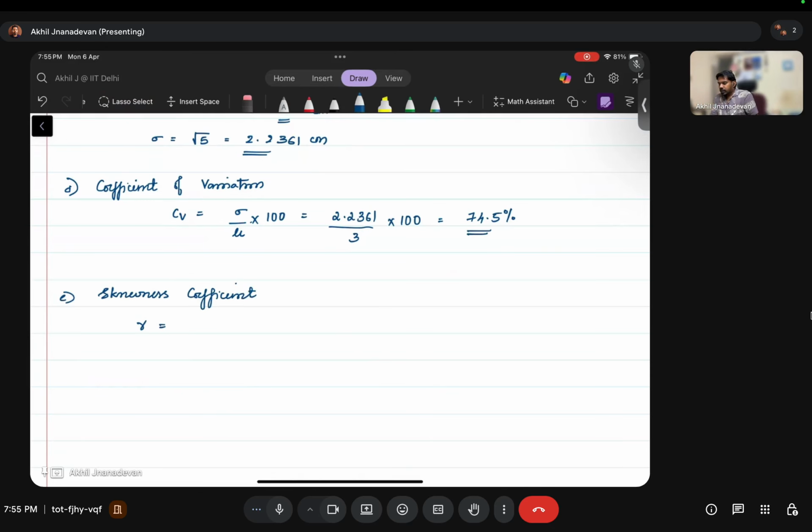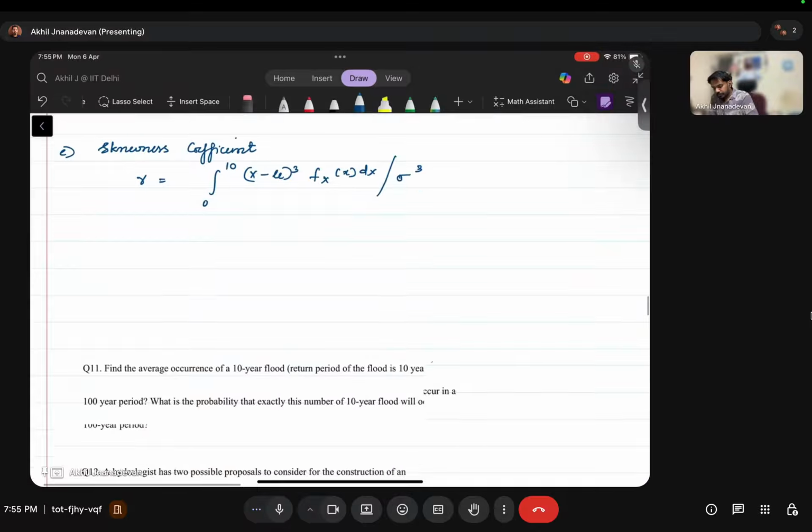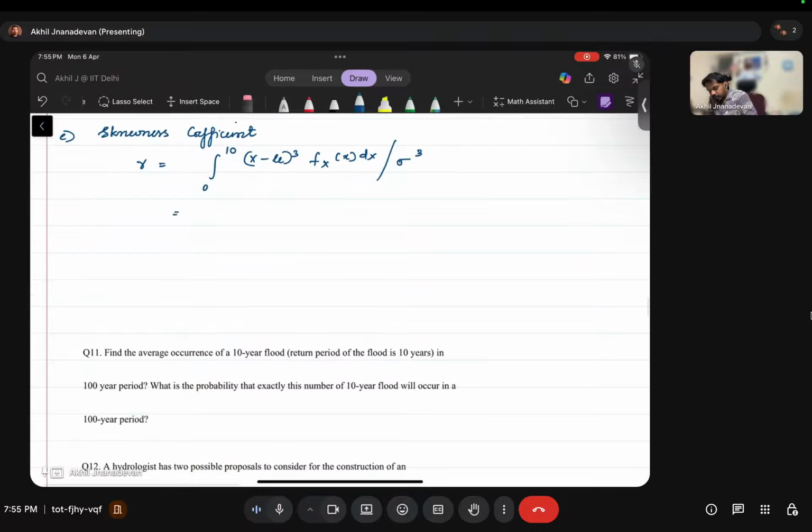It is the third moment about the mean, integral 0 to 10, (x minus mu) the whole cube, f(x) dx. Then we have to divide it by sigma cube, right? So for the discrete case, we already found that this will be 3 by 2500 into 5 root 5. So that is sigma cube.